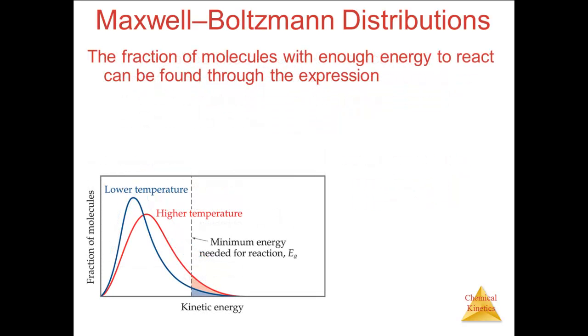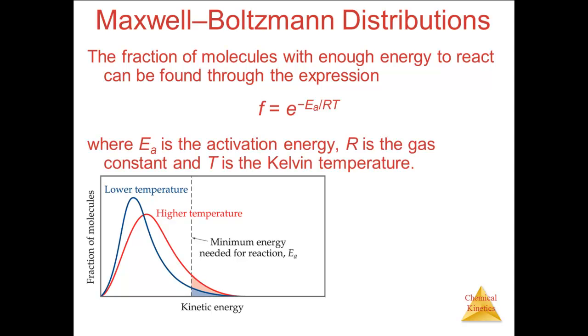The fraction of molecules with enough energy to react can be found through this expression, where E sub A is the activation energy in joules per mole, R is the gas constant in joules per mole Kelvin, and T is the Kelvin temperature.